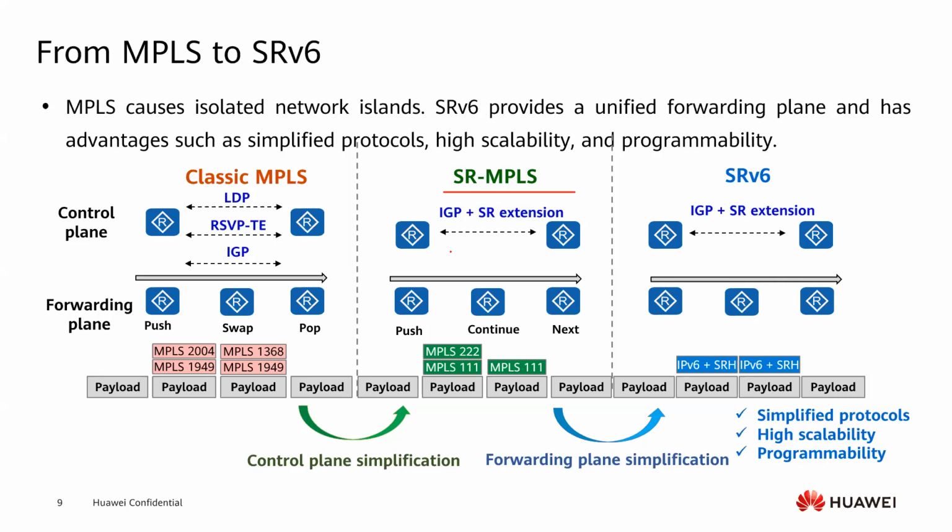The controller will help SR to calculate the path. And comparing SR-MPLS with SRv6, we will find the data plane, the forwarding plane, is also simplified. So how does SRv6 simplify the forwarding plane? What is the good side about it?